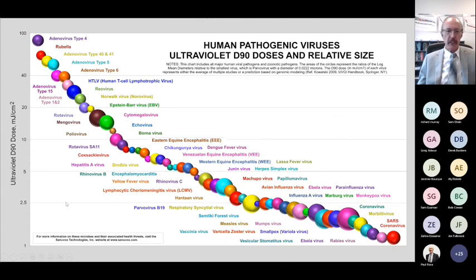In fact, if we use 5 millijoules per square centimeter, which is 50 joules per square meter, we can cover about half the viruses, including all the major cold viruses, influenza, and SARS coronavirus, which sits down here in the lower right-hand corner, being the weakest virus of all. In fact, it actually sits below the curve of 1 millijoule per square centimeter. I had to double its D90 just to get it to show up on the chart.